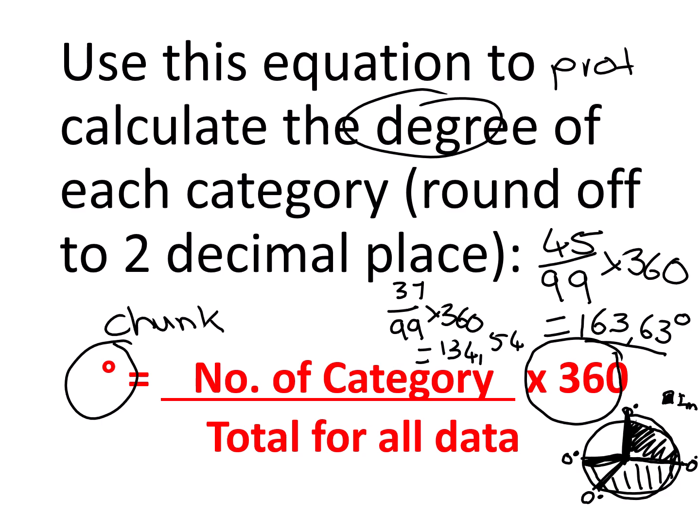Okay, so it's very, very important that you do both of these calculations, your degrees and your percentage. The degrees tell you how many degrees you need to use your protractor to actually draw the circle, and your percentage gives you the percentage that you need to label, and all are very, very important.